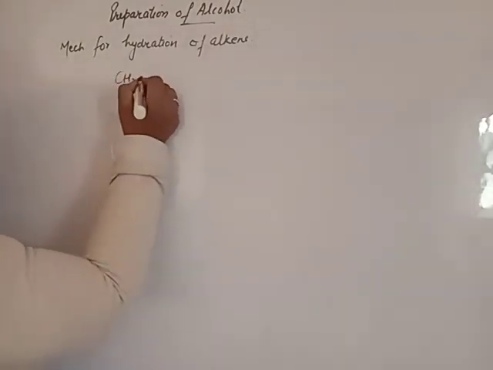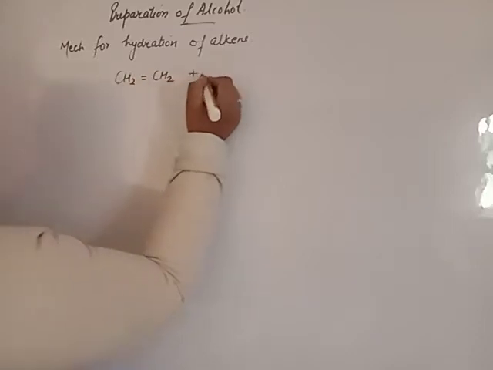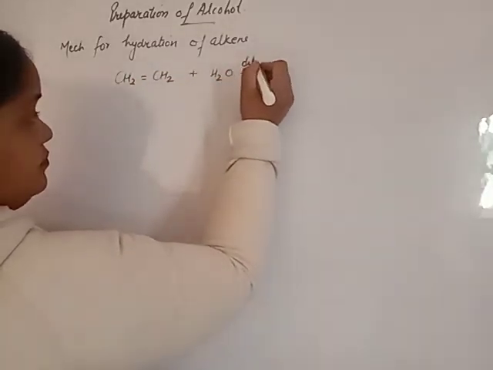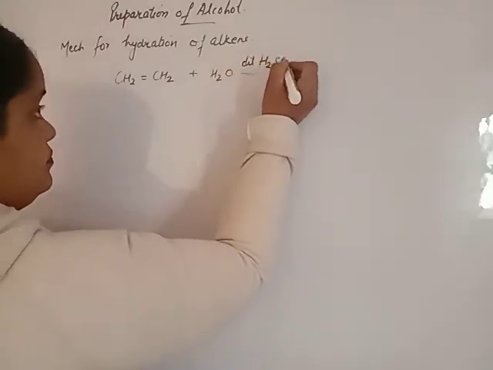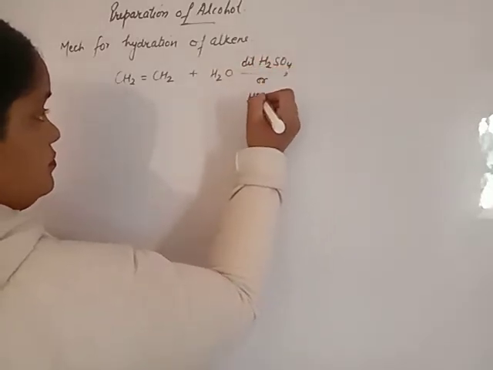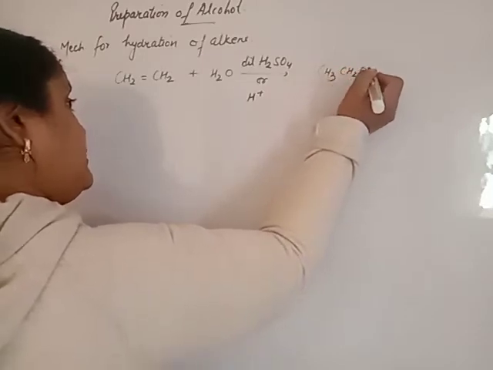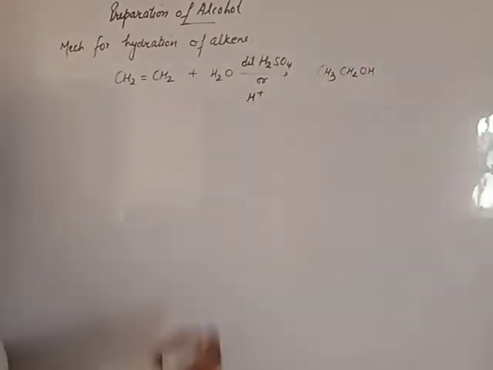Beta, hydration of alkene means addition of water to the alkene. Only the mechanism of this reaction is in your syllabus. Write the mechanism for this reaction only.